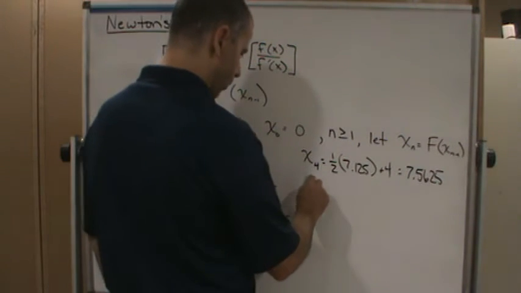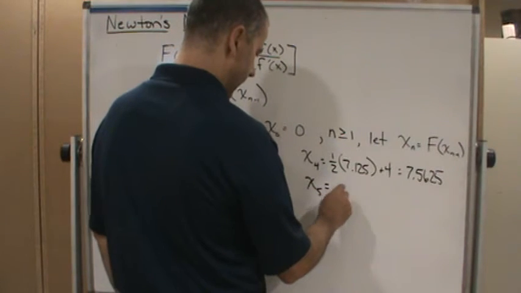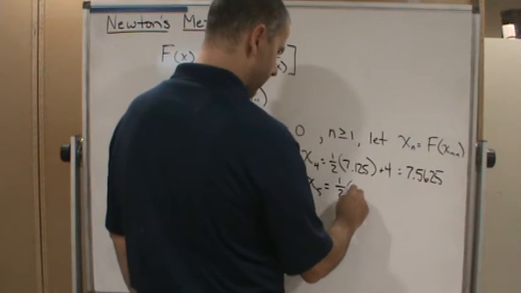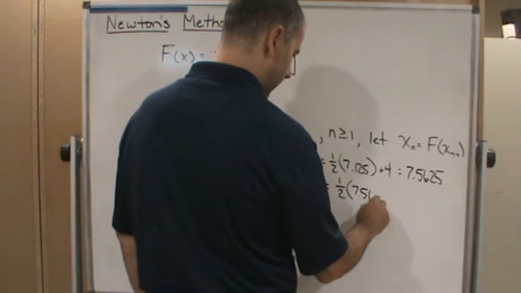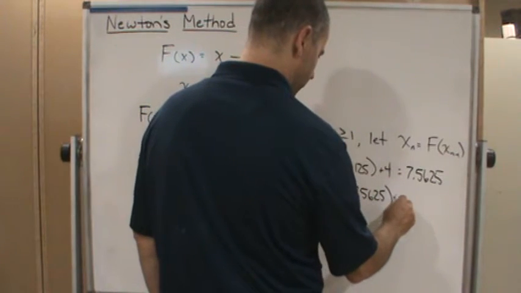Let's do one more. x5 is going to be 1/2 of 7.5625 plus 4.